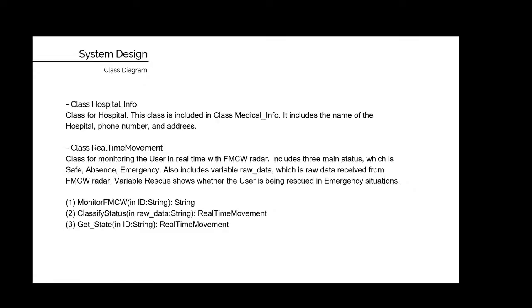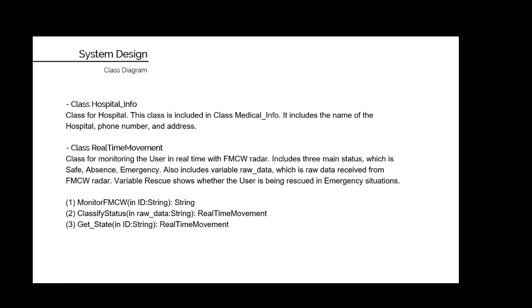Class real-time movement is for monitoring the user in real time with FMCW radar. It includes three main statuses, which are safe, absence, emergency. It also includes variable raw data, which is raw data received from FMCW radar. Variable rescue shows whether the user is being rescued in an emergency situation.